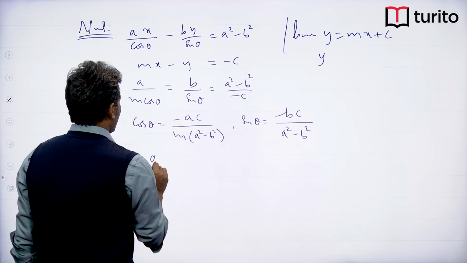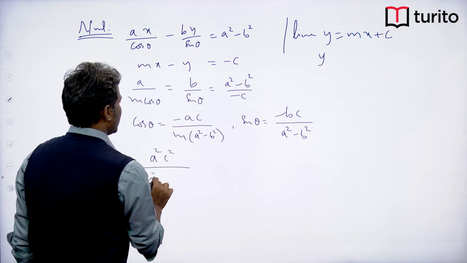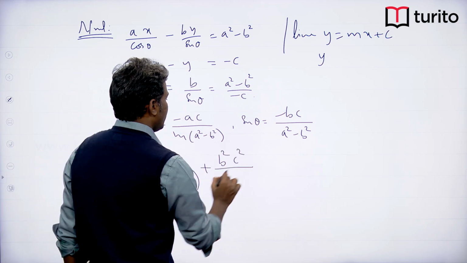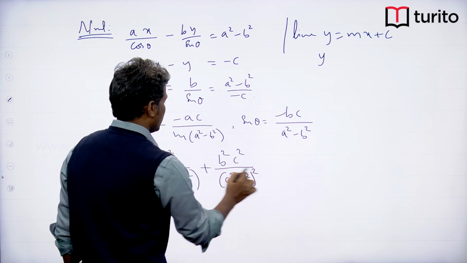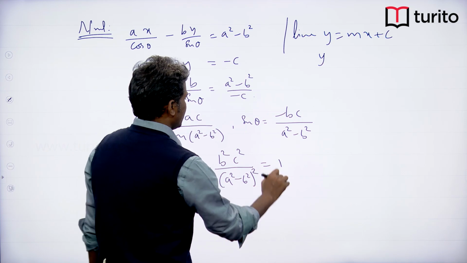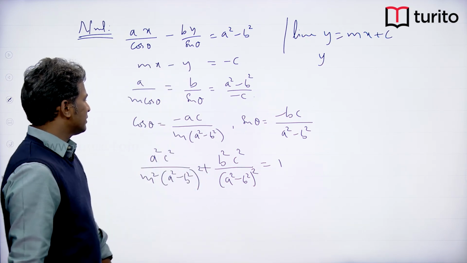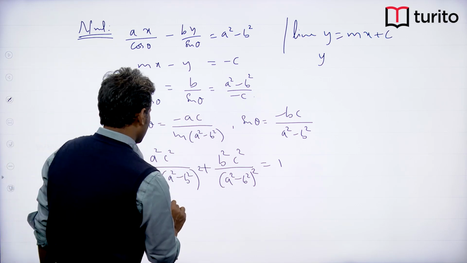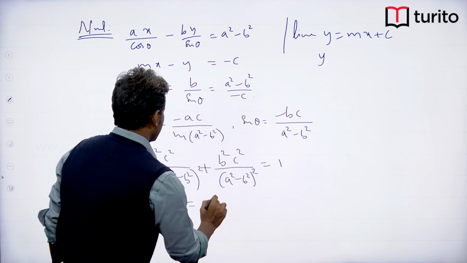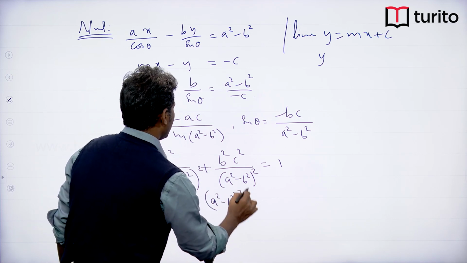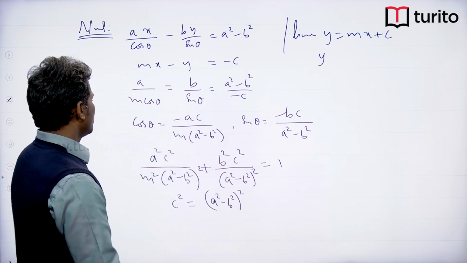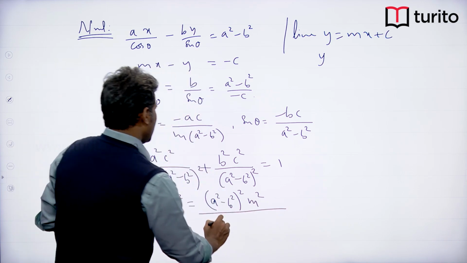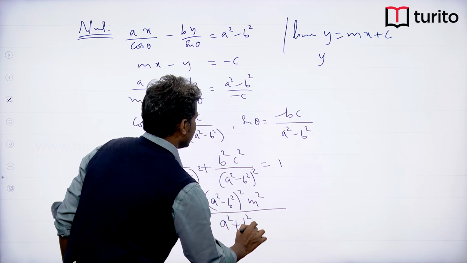So this gives us a square c square by m square into (a square minus b square) whole squared, plus b square c square by (a square minus b square) whole squared, and this must be equal to 1. So from this we can get the relation for c, m and a. We get c square equal to (a square minus b square) whole square times m square, divided by a square plus b square m square.